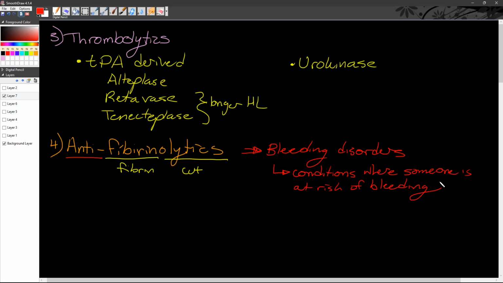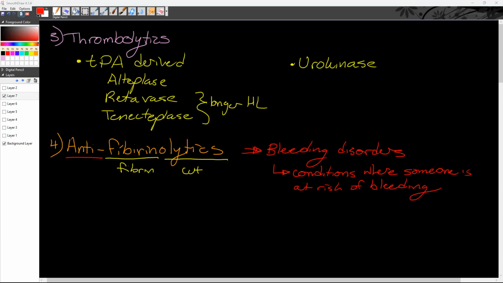So clearly, if someone is already at risk of bleeding, we don't want to give them a drug that is going to cause them to bleed, right? So the goal here is to use drugs that will inhibit that process.